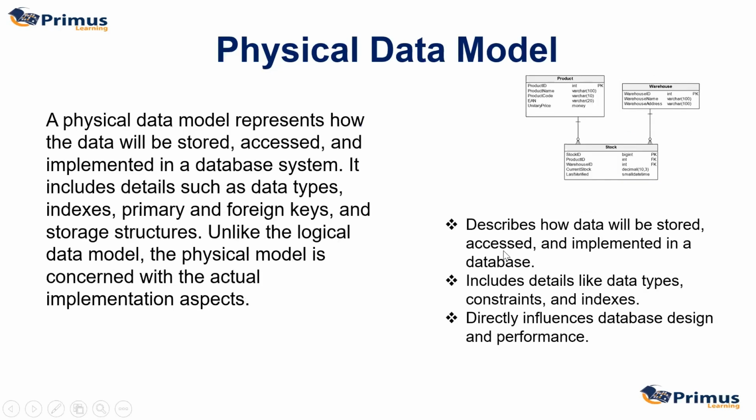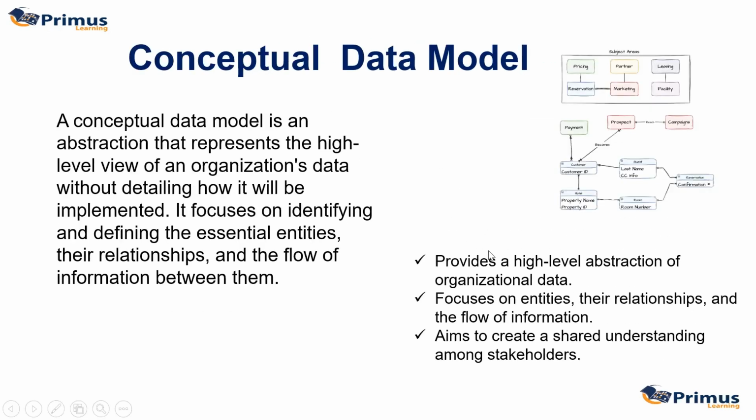And here we have some of the key components of the conceptual model, which is that it provides a high-level abstraction of the organization. That is, it will present the main components of that organization. For example, in this case, we have the key components of a hotel reservation system.